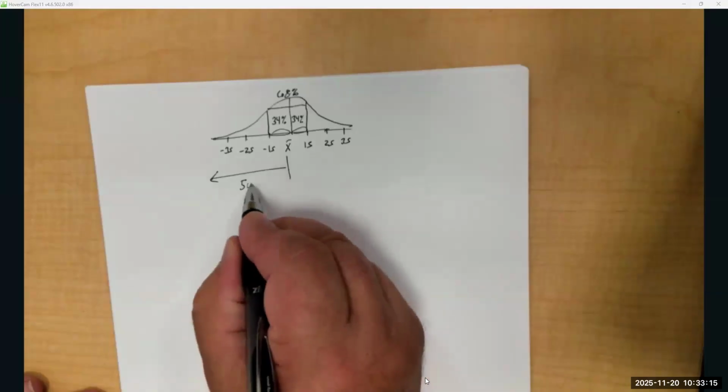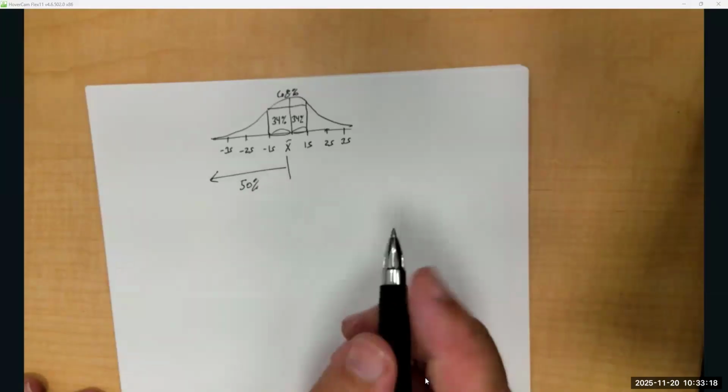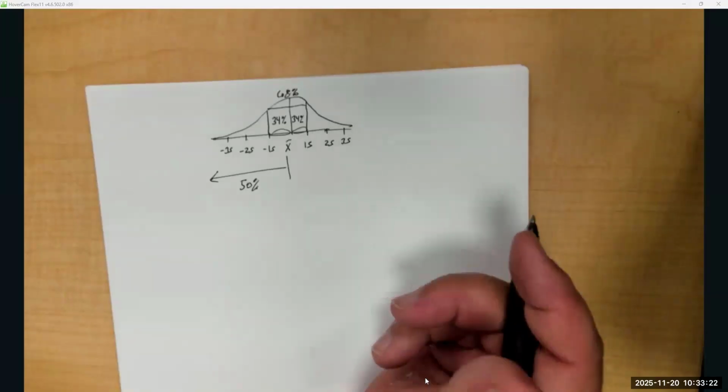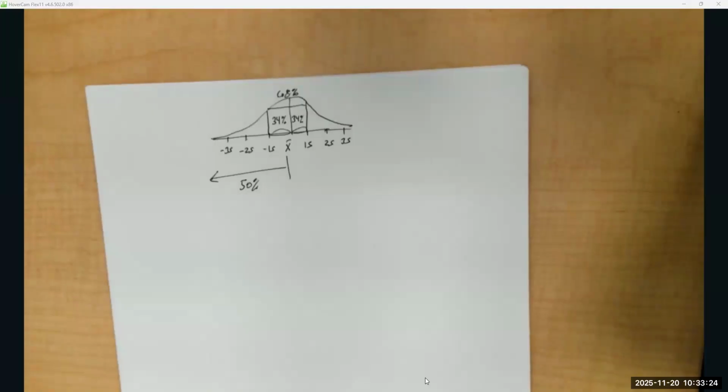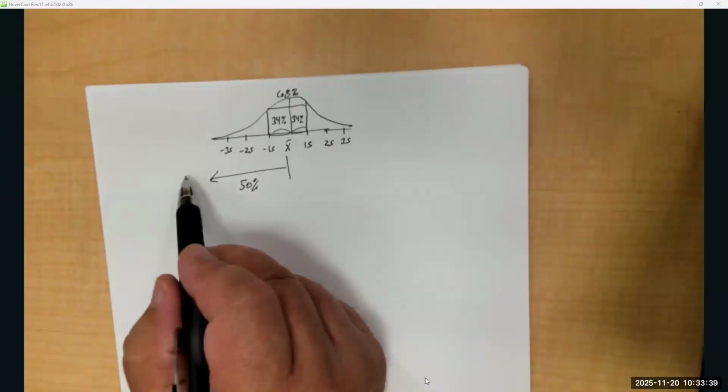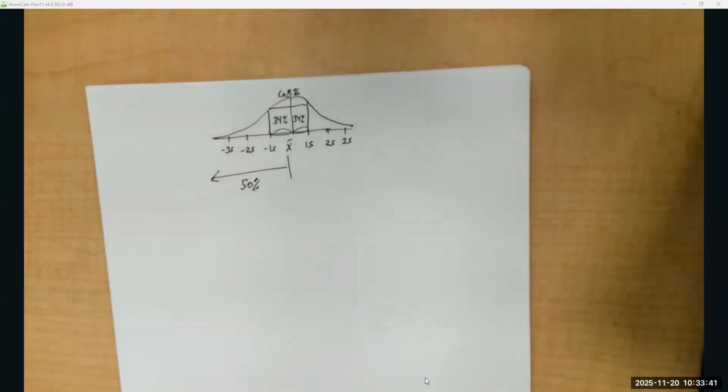Which is 50%. And remember, we can't use the word like, because like means not. It is 50%, or it's not 50%. Get away from using the word like so much. Say it is or it isn't. Be more precise in your answers. So yes, from the mean, half of the students are below it, half of them are above it.